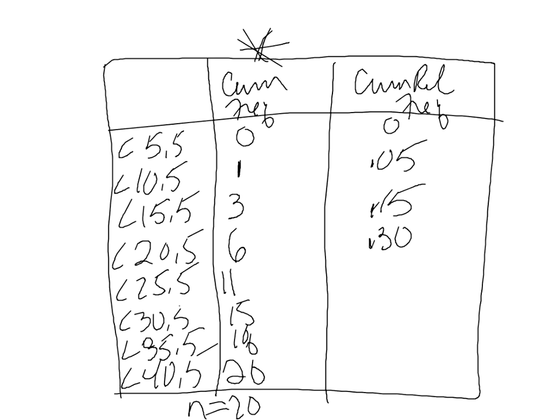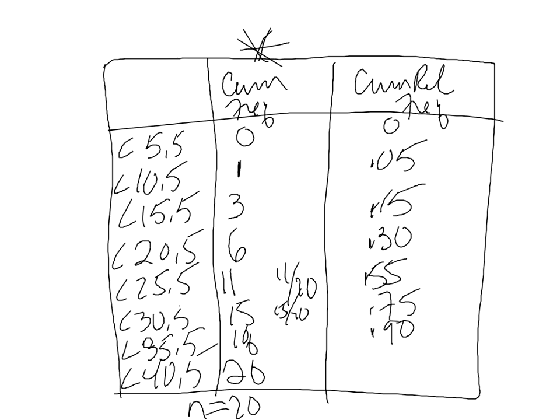Okay, so to get the cumulative relative frequency for 11, it's 11 divided by 20, or 0.55. And then 15 out of 20, 3/4 or 0.75. 18 out of 20 would be 0.90.